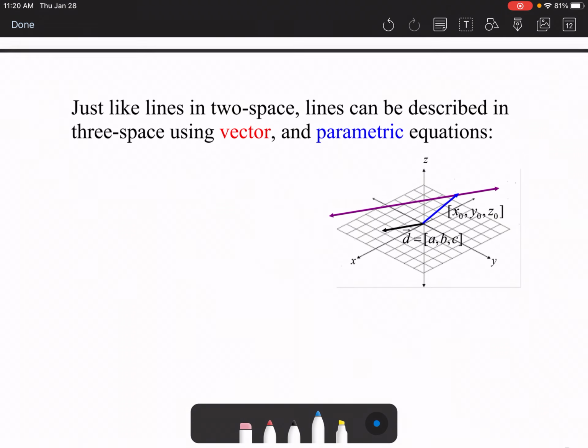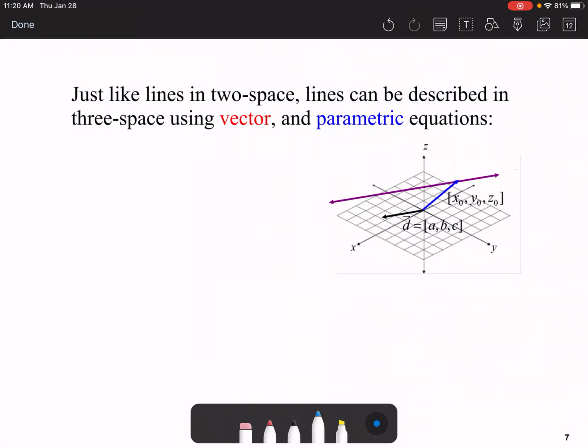Now, so far we've only been looking at equations of lines in two-dimensional space. Well, in three-space they can also be expressed with the same kind of idea. A vector equation in three-space can be written as r equals (x sub 0, y sub 0, z sub 0), the same reference point, plus some scalar multiple of (a, b, c).